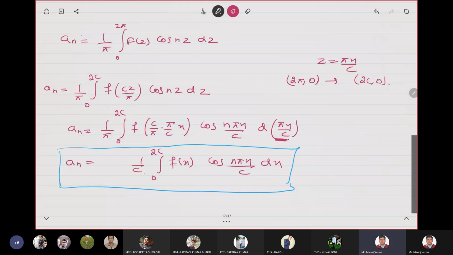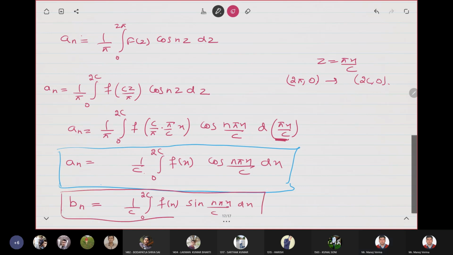Similarly, I can also find the value of bn, which will be equal to 1 over c, integral 0 to 2c f x sine n pi x by c dx. And the value of a naught was 1 over c, integral 0 to 2c f x dx.